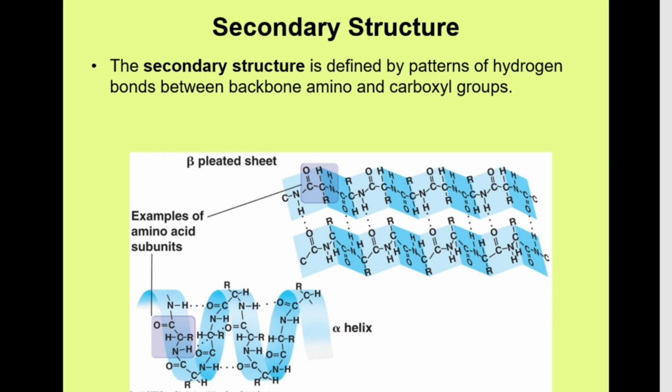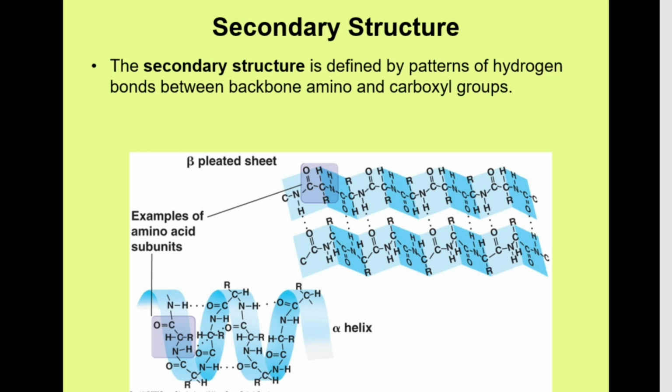Well, if we go back to the original structure of a generic amino acid, if you can picture that in your mind, we had an alpha carbon in the middle, and then we had an amino group to the left, which, as I said, was positively charged, and then the carboxyl group to the right, which is negatively charged.